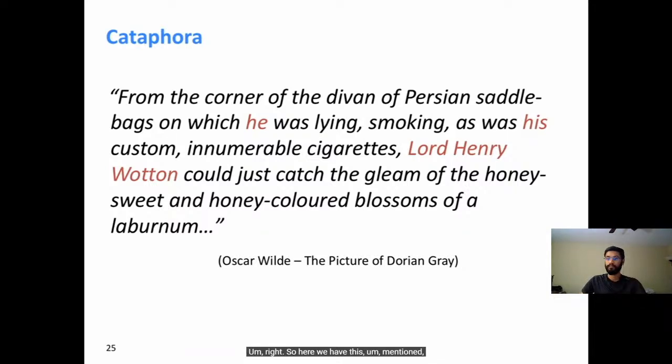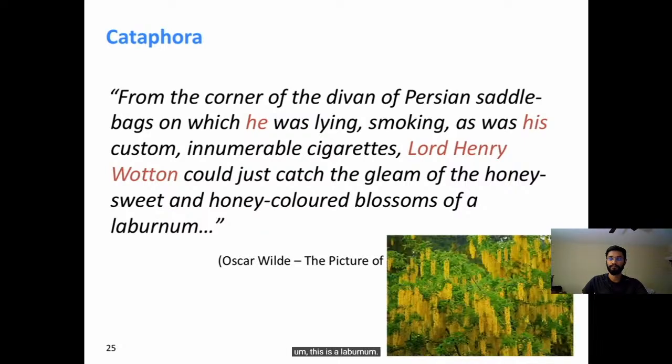So here we have this mention "Lord Henry Wotton", and there are two anaphors that refer to Lord Henry Wotton, "he" and "his", and they both come before "Lord Henry Wotton", and so these are referred to as instances of cataphora among a certain kind of classical scholar. And in case you don't know what a laburnum is, this is a laburnum. But yeah, so this is cataphora.